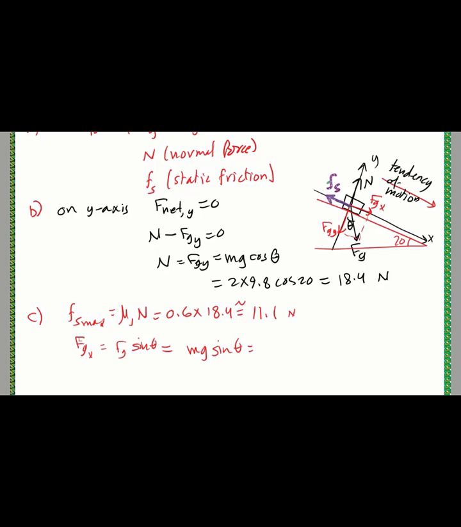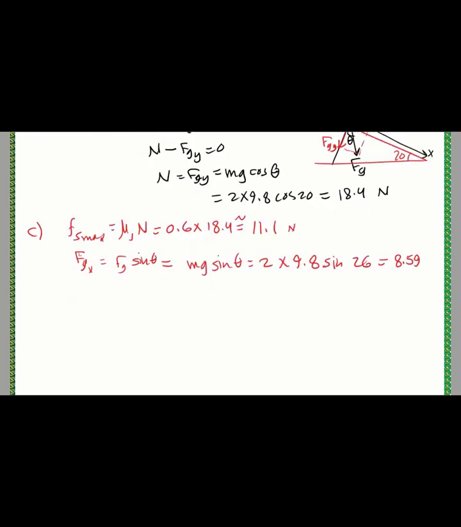How much is m? It is 2, g 9.8, sine 26. 9.8 sine 26 is 8.59.